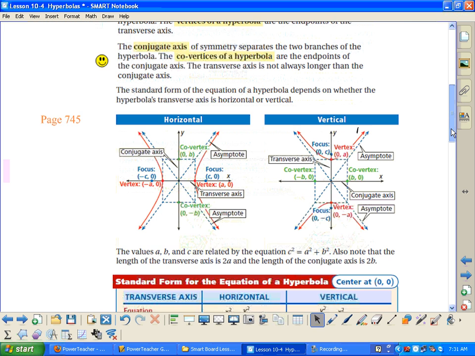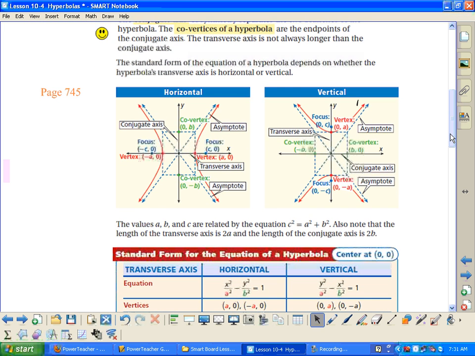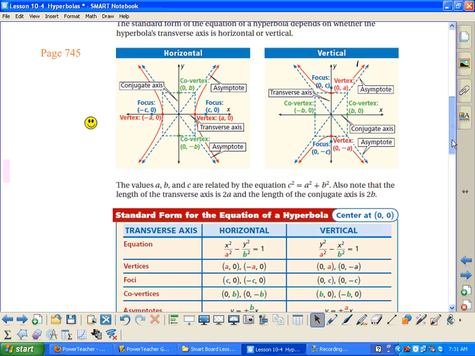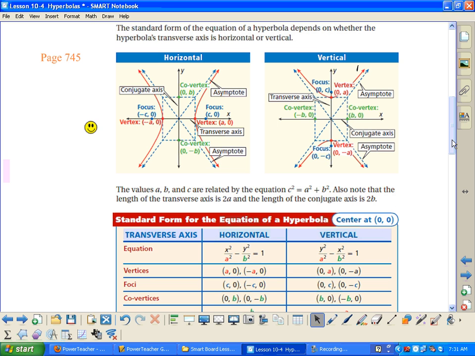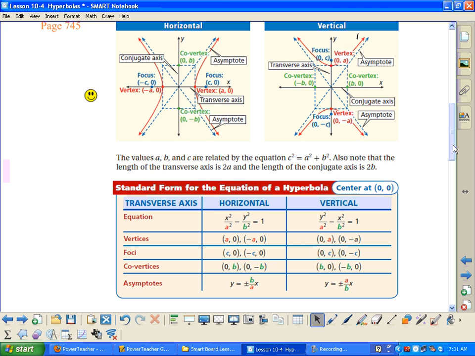So the standard form of the equation for a hyperbola depends on whether it opens horizontally or vertically. And here we show that. You can see from the graphs that if it opens horizontally, then the horizontal axis is the transverse axis.